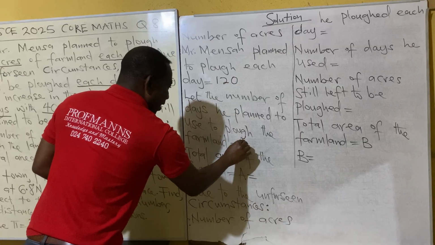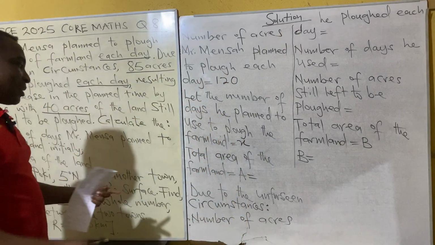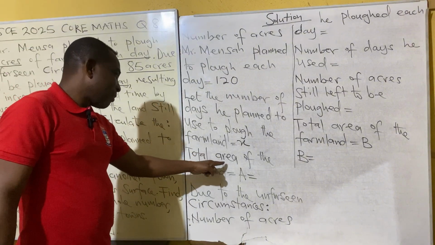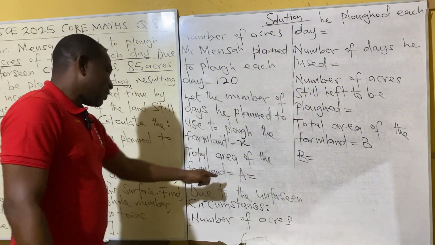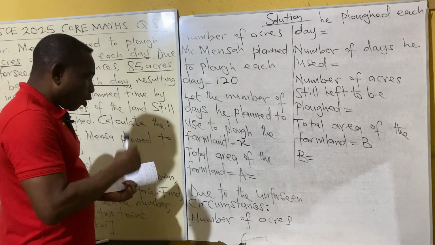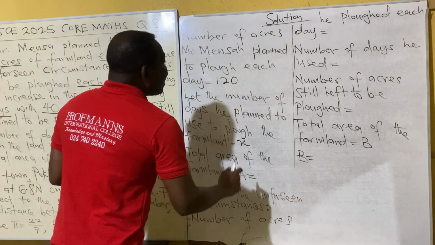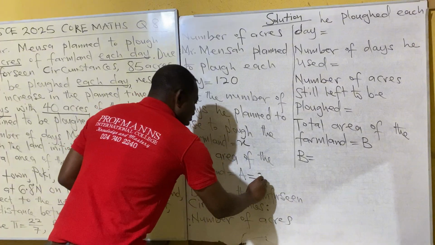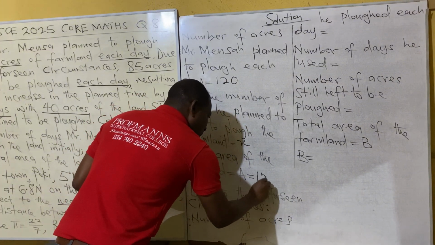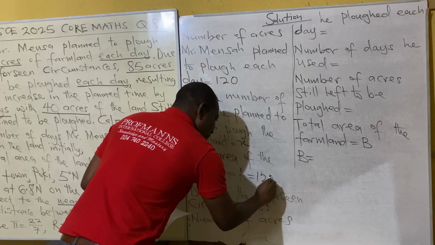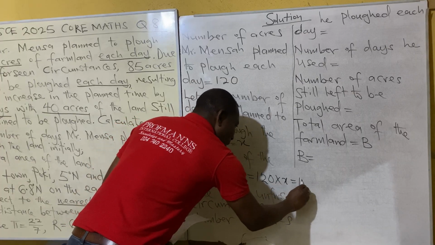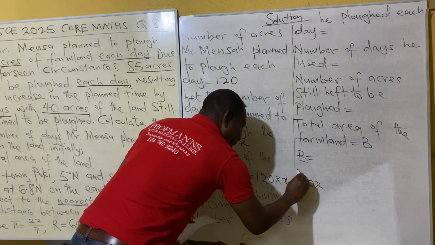The question didn't give us, so let's assume that to be x. So the total area of the farmland, A, is going to be 120 acres times the number of days, which is equal to 120x.